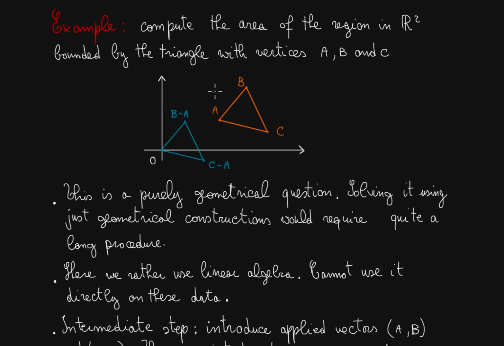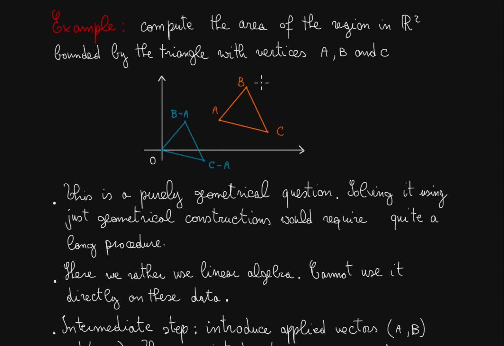So we started with the geometrical situation, we gave a mathematical model introducing applied vectors. We want to use linear algebra on these objects, therefore we associate to applied vectors real vectors. We solve the problem using linear algebra on real vectors, and then we pull back the argument on the initial geometrical situation.